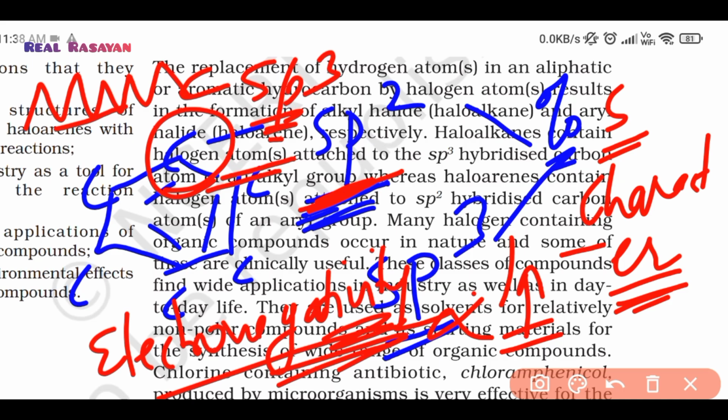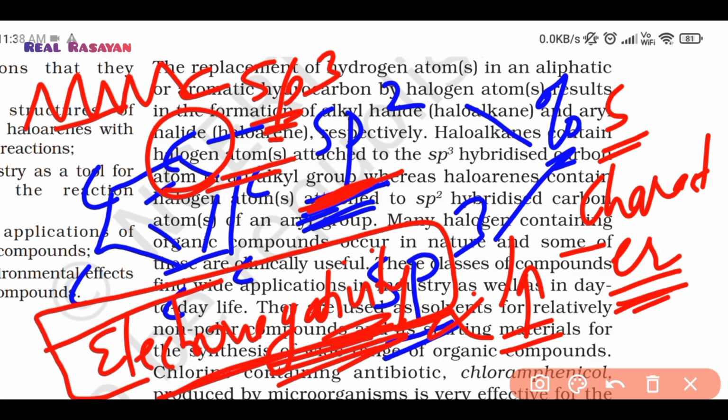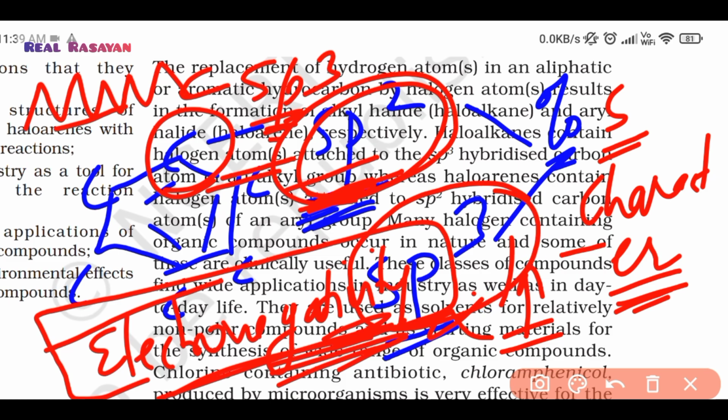So there is a difference between haloalkane and haloarene on the basis of hybridization: sp2 hybridized carbon in haloarene and sp3 hybridized carbon atom in haloalkane or aliphatic hydrocarbons.